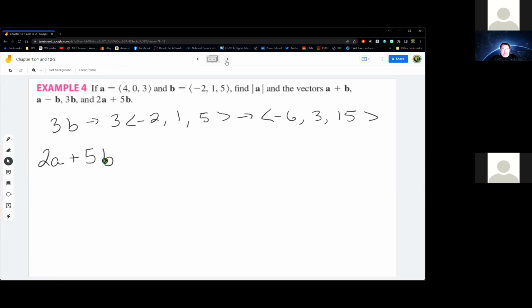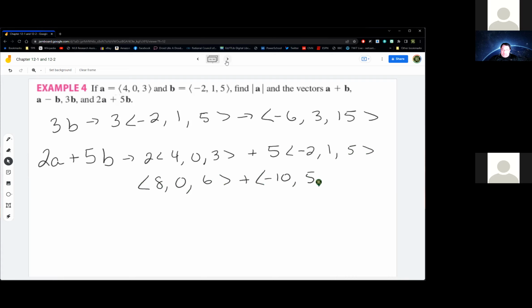Two A plus 5B. Same rules apply that we were looking at if this was just a normal problem. We multiply the A by 2. We multiply the B by 5, and then we're going to add them together after we do the multiplication. So you've got 2 times 4, 0, and 3, plus the 5 times negative 2, 1, and 5. So we've got 8, 0, 6, negative 10, 5, 25. And then we add them together.